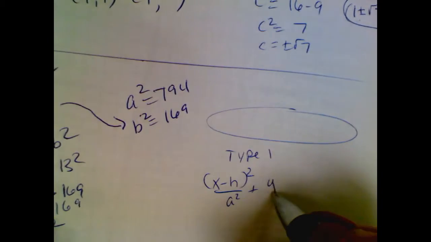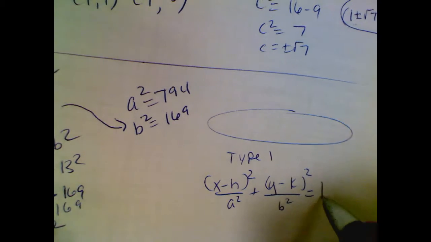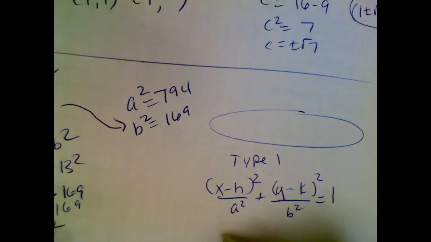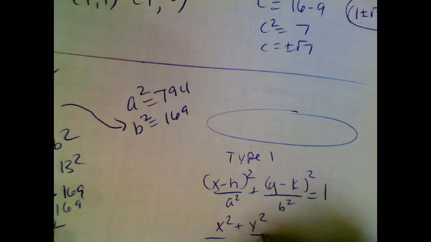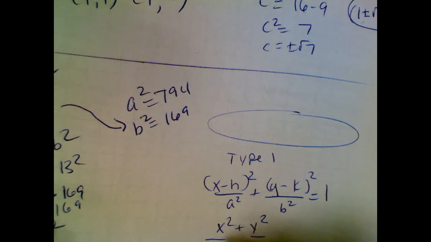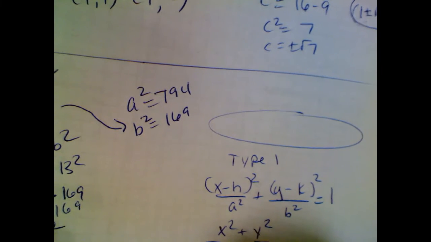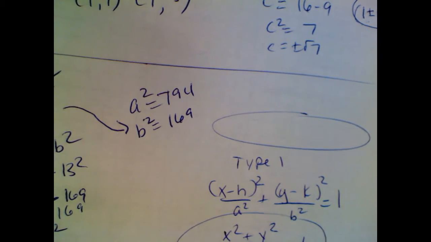So as you're writing an equation, the center is 0, 0, so that's going to be x squared, y squared. The a squared needs to go under x because it was longer this way. So a squared was 794, b squared is 169. And there's your equation.